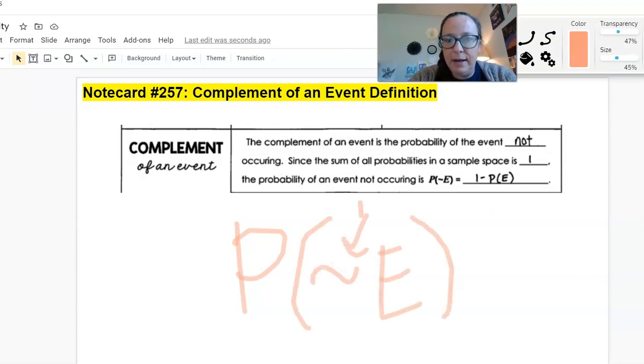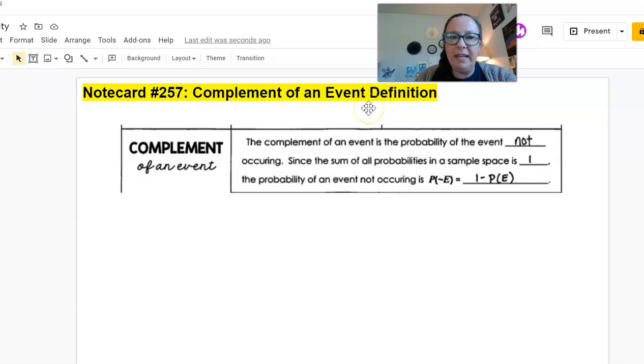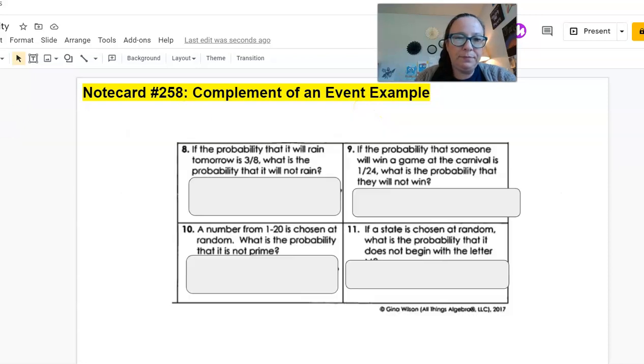I know you can't see it very well up there, but that's what that says. If I want the probability of not getting a queen, I would do 1 minus the probability of getting a queen, because it's everything other than that. So we're going to do some examples of that. Go ahead and pause me and finish up note card 257.